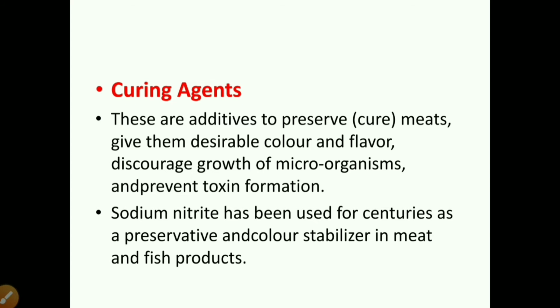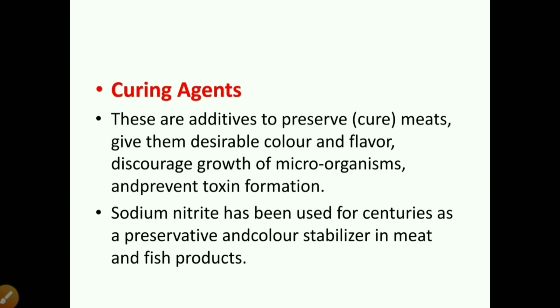Next, let us discuss about the curing agents. Curing agents are the additives used to cure meats and give them desirable color and flavor and discourage the growth of microorganisms and prevent the toxin formation. So curing agents are the agents which cure the meat. Sodium nitrate is a mostly used curing agent, and it is also a color stabilizer used in meat and fish products.